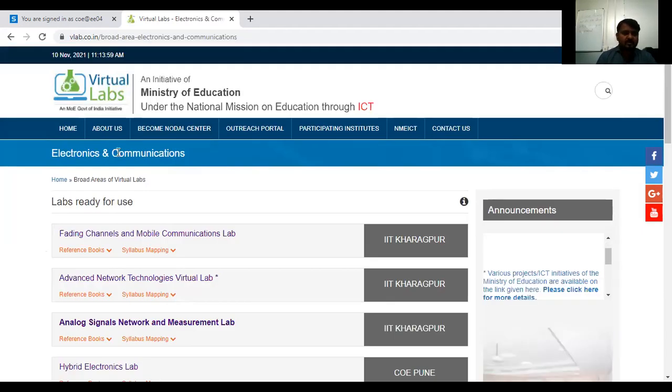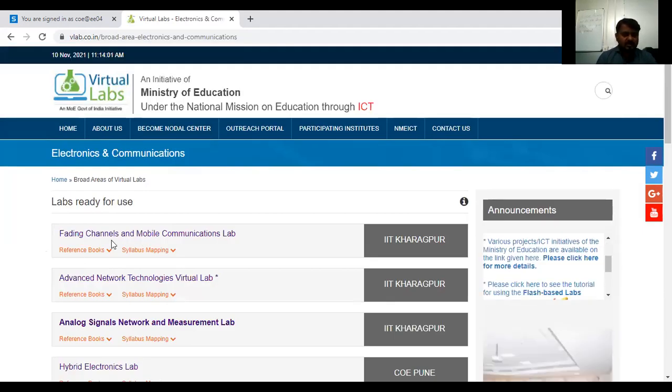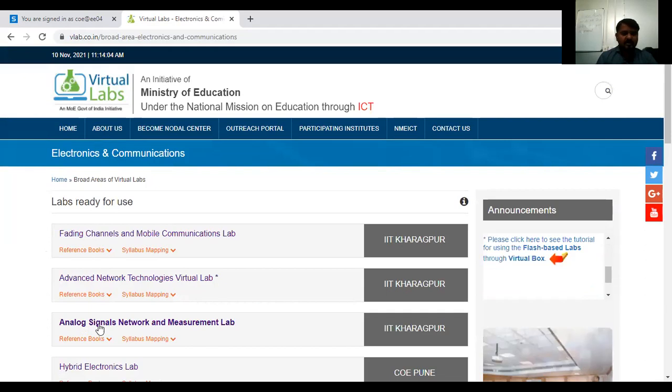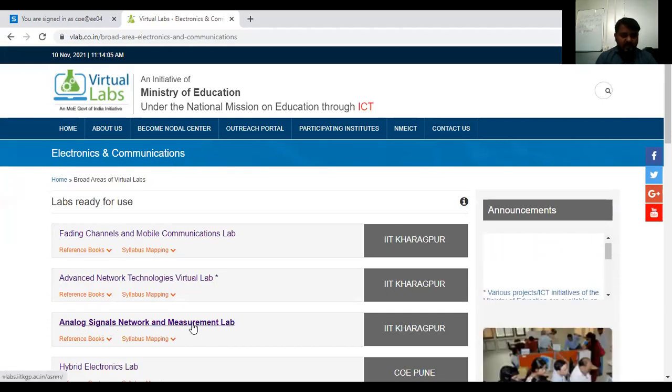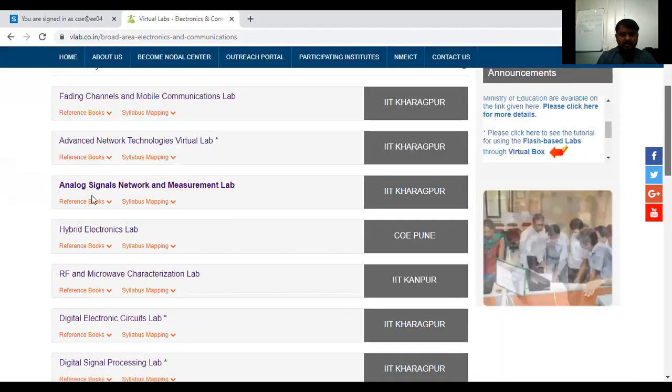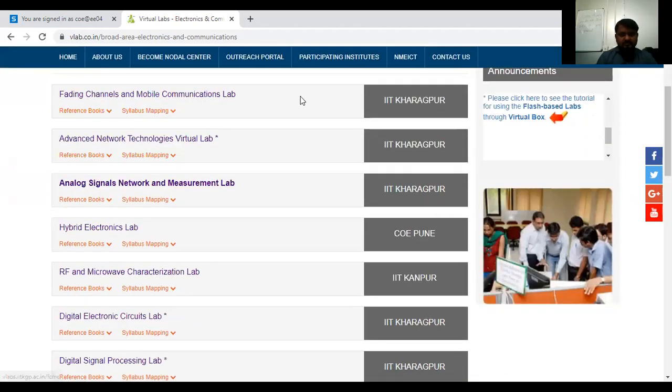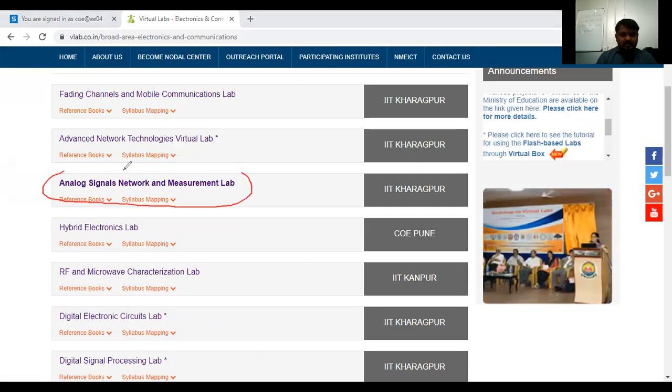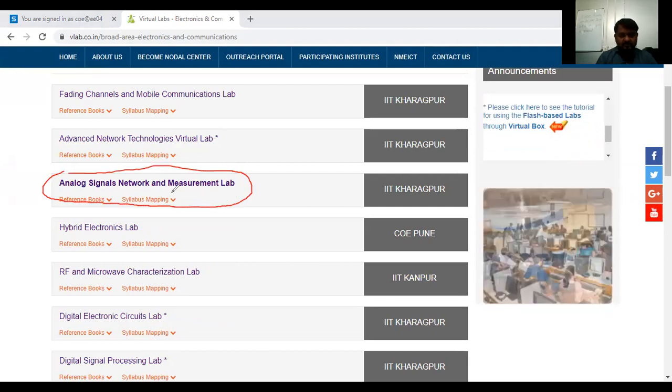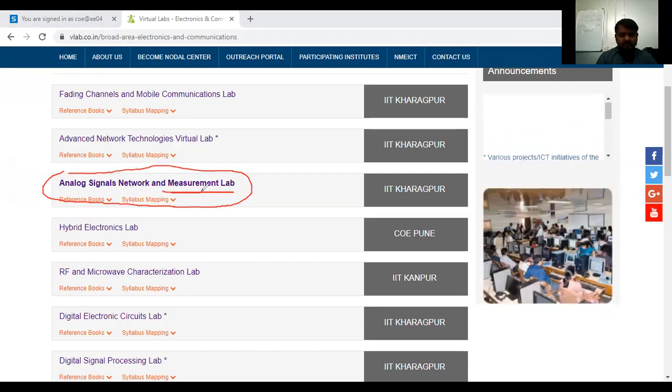Click on that one. See here, the channels and communication lab, analog signals, networks and measurement lab. It is there. The subject is there, measurement lab.